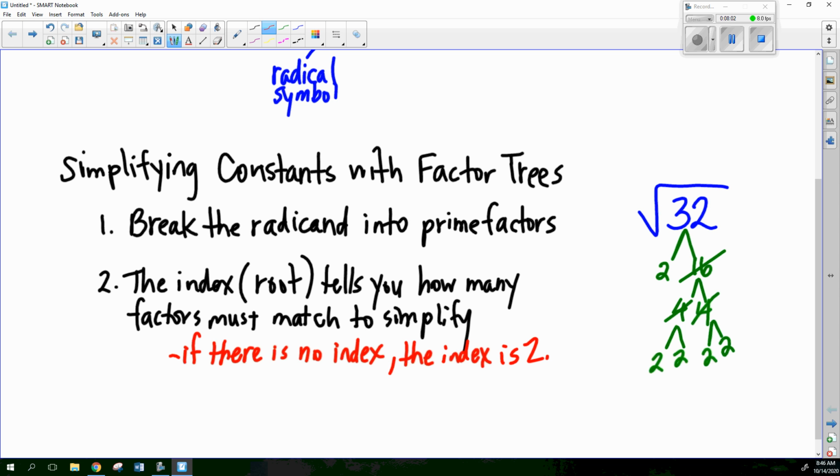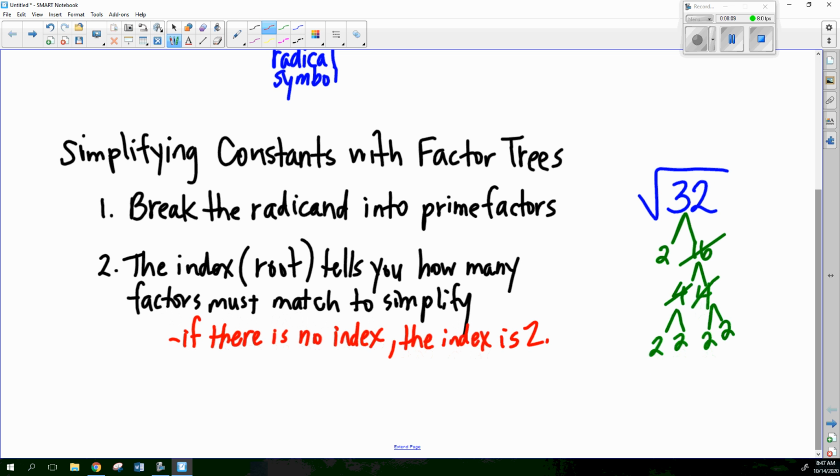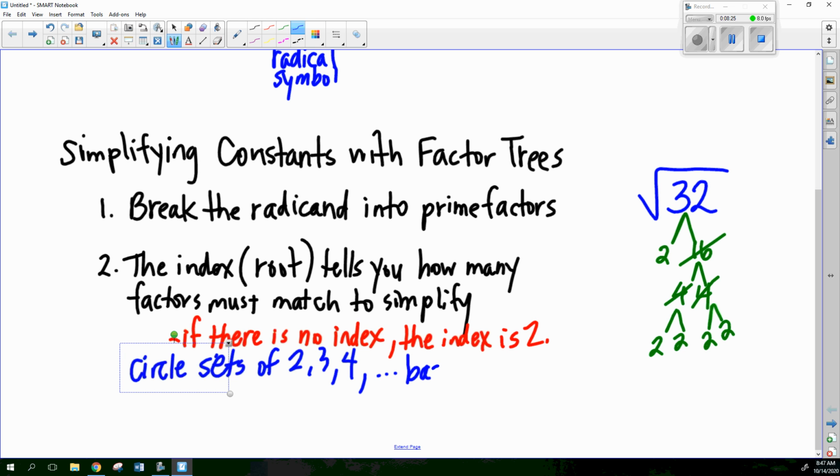Okay? All right, so what you're going to do is circle sets of 2, 3, 4, etc. based on the index. Okay, so this index is a 2, right?